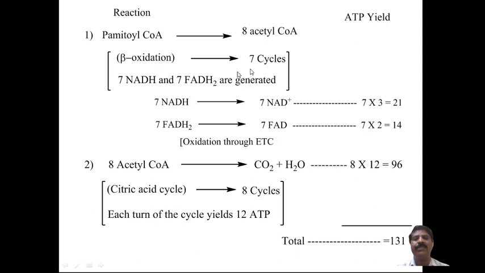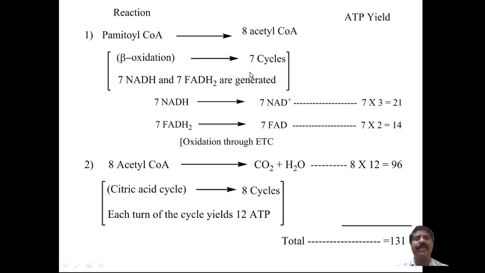In beta oxidation, 7 cycles take place. Here 7 cycles repeatedly take place. In the 7 cycles, 7 NADH and 7 FADH2 are generated. This is the conversion of palmityl coenzyme A to 8 acetyl coenzyme A, the beta oxidation reaction.